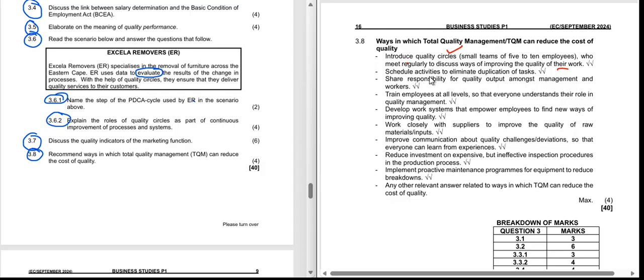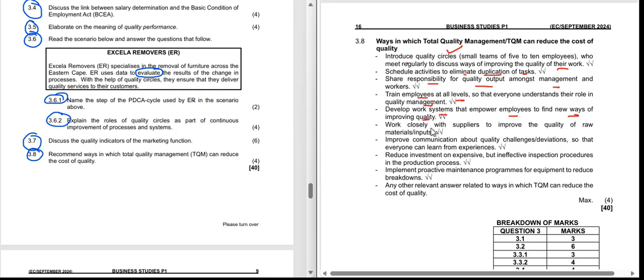Schedule activities to eliminate duplication of tasks. Share responsibility for quality output amongst management and workers. Train employees at all levels so that everyone understands their role in quality management. Develop work systems that empower employees to find new ways of improving quality.